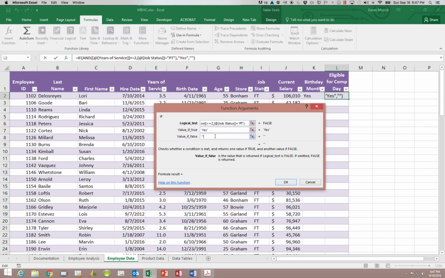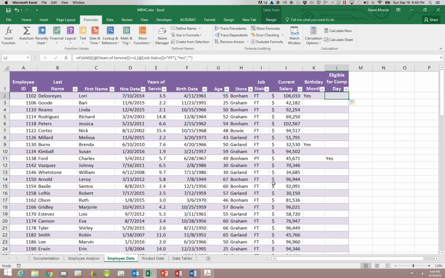Since all of the references are structured references, what that means is it's always going to look in, for example, the job status column in the row that the formula is in. So you do not need to change any referencing. Click OK.